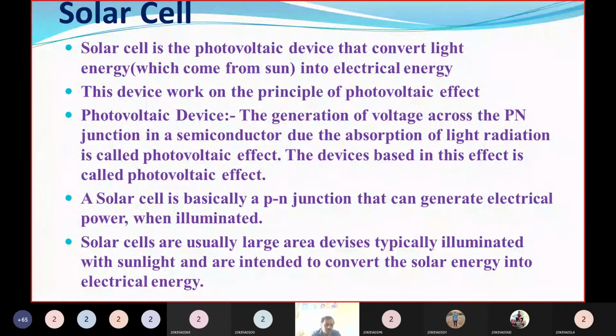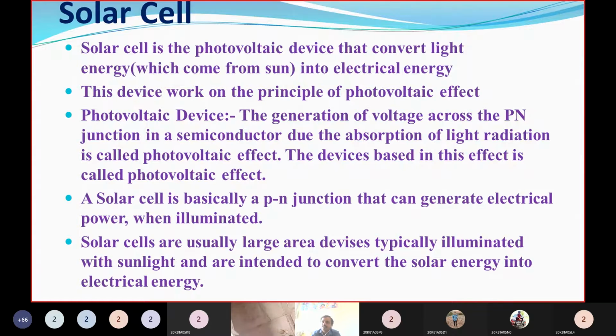In case of photodiode, the diode is connected in reverse bias. In case of solar cell devices, we are not connecting any external device.